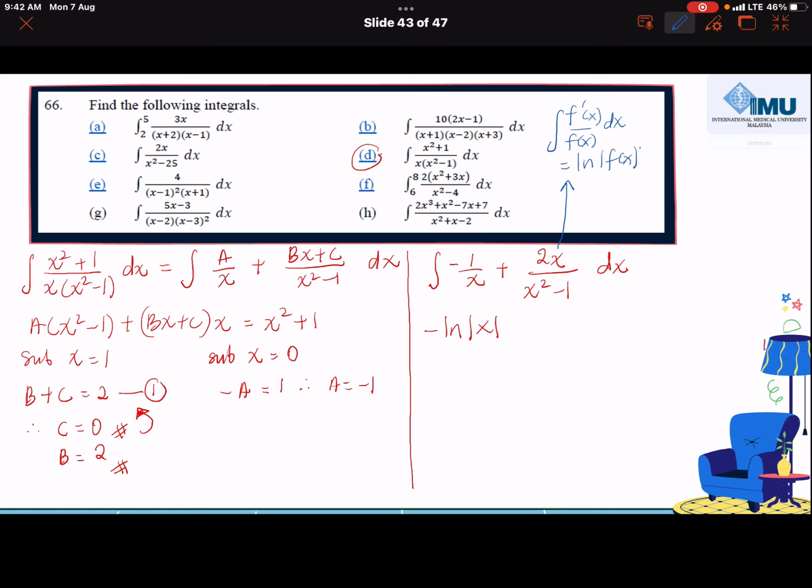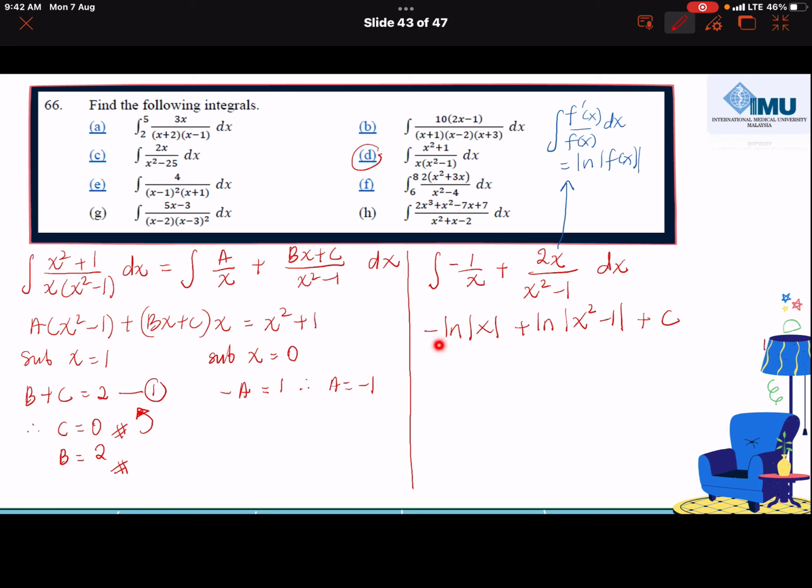Now let's check. If your denominator is your f x, x squared minus 1, differentiating x squared minus 1 will give you 2x? Yes. Then you know already the result of your integration. It is going to be ln of (x squared minus 1). Since this is an indefinite integral, you put plus C at the end.